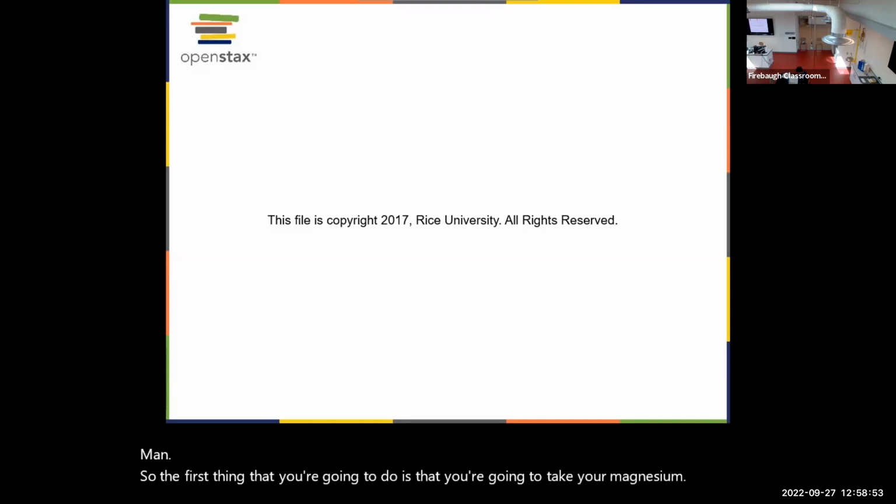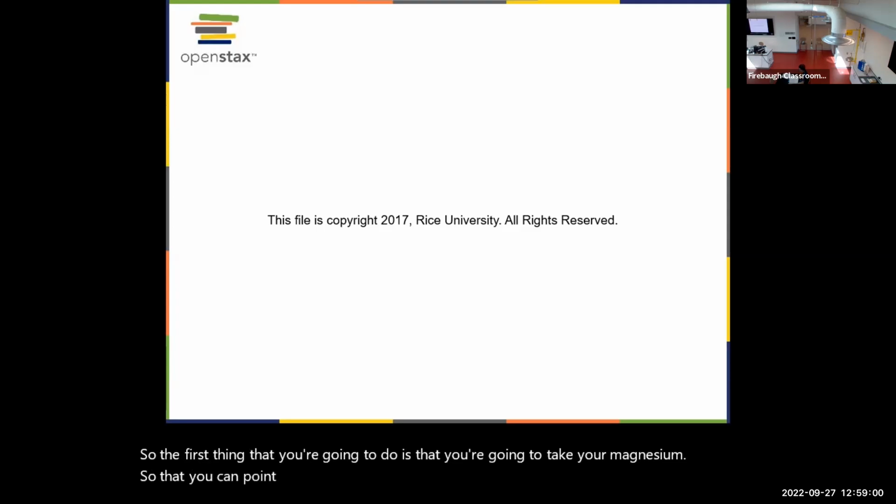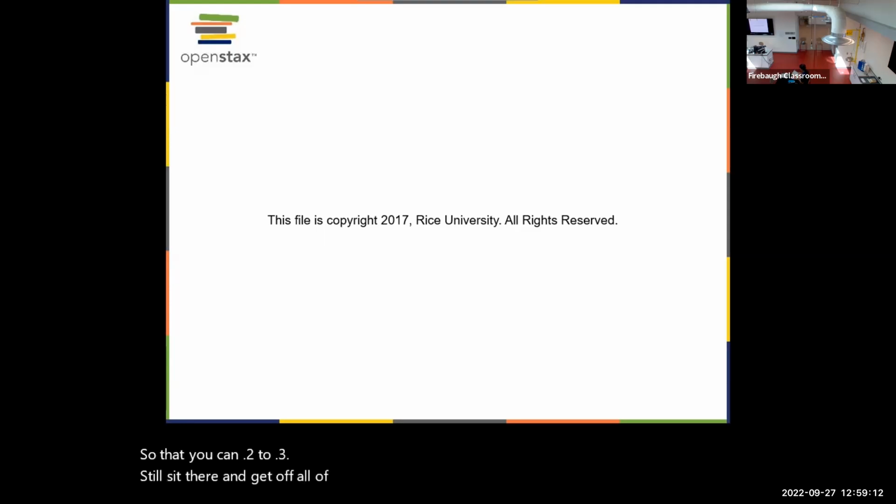So the first thing that you're going to do is take your magnesium. You're going to weigh it. You're going to file it down or sand it down and weigh it so that you end up with 3 grams of magnesium. You're going to get it oxidized.